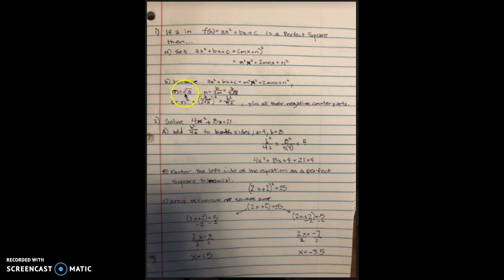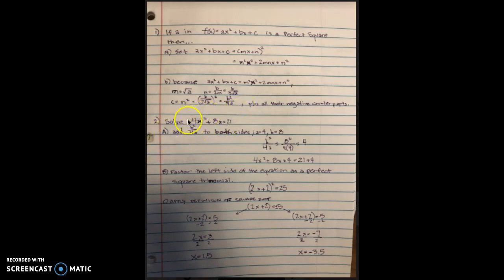So you'd have plus or minus the square root of a, plus or minus b divided by 2 times the square root of a, and then negative b squared divided by 4a.